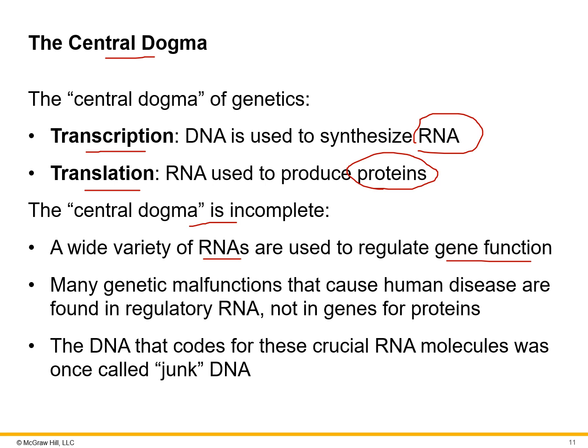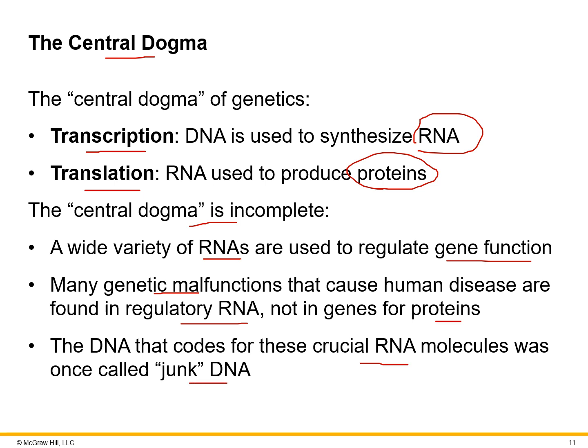And it's actually been found that a lot of genetic malfunctions, so different diseases, are due to changes in the regulatory RNA, not the protein itself. So it's a mutation or a change in the RNA. And again, it's an RNA not used to make a protein. And then also there is DNA that codes for crucial RNA that was once thought to be junk.